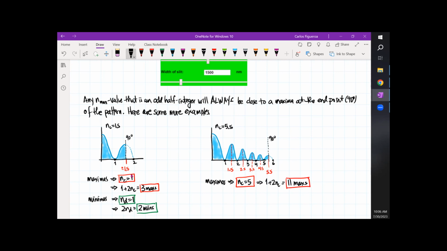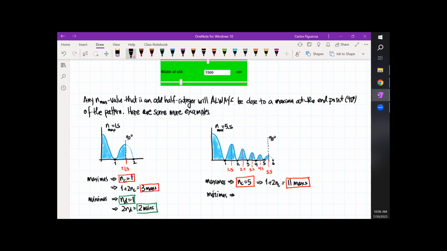And I could say the same for the minimas. If I can't exceed 5.5, so the smallest integer here, by the way, I was putting NC up here. It should have been Nmax, not NC, Nmax.